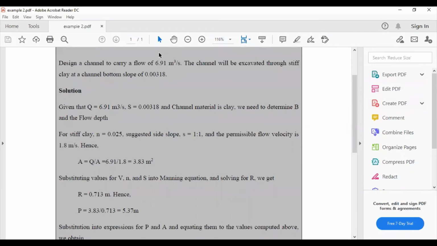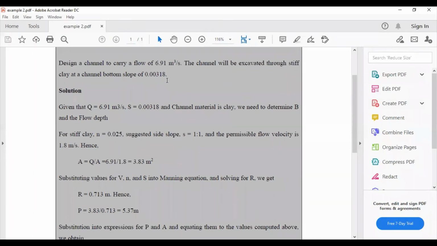Given an example that we are tasked to design a channel that will carry this amount of water. So we want to be delivering 6.91 meter cubed of water per second to our farm. And we've gone to survey the farm and we've realized that the soils there are clay soils. And we say we're going to use a slope of 0.00318.